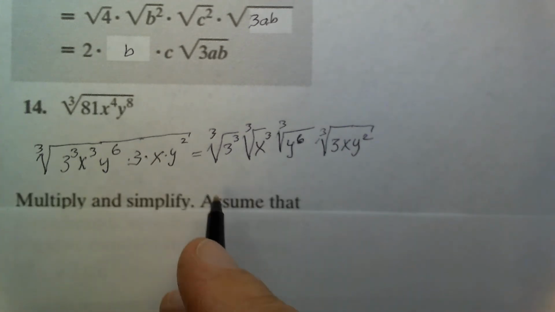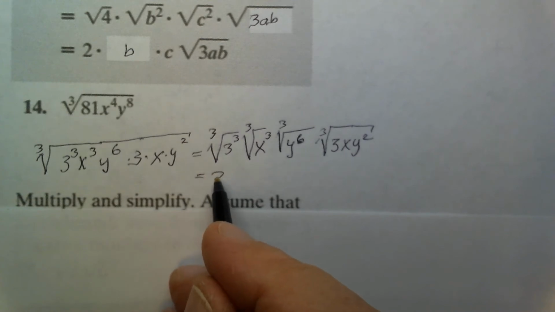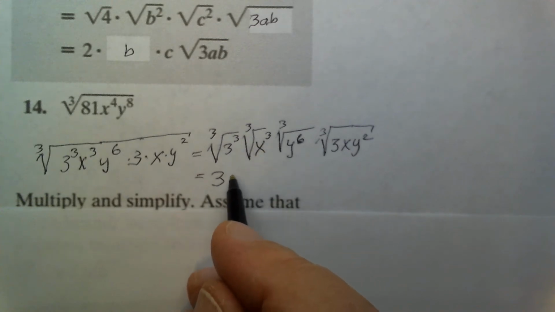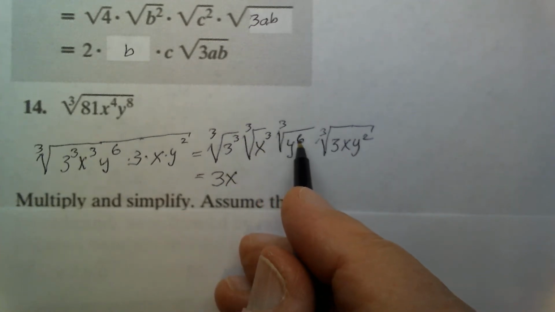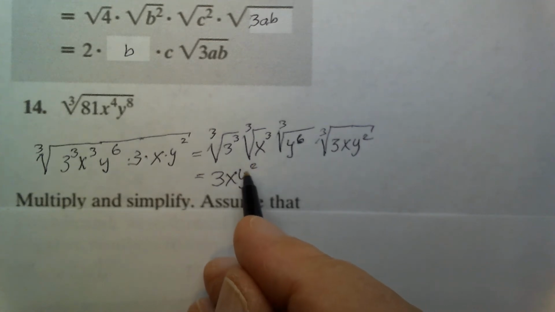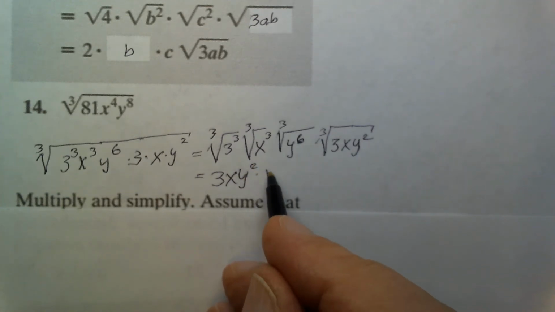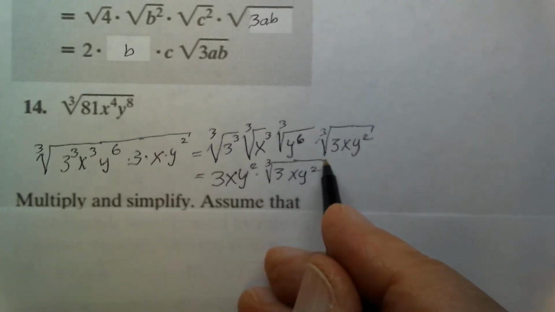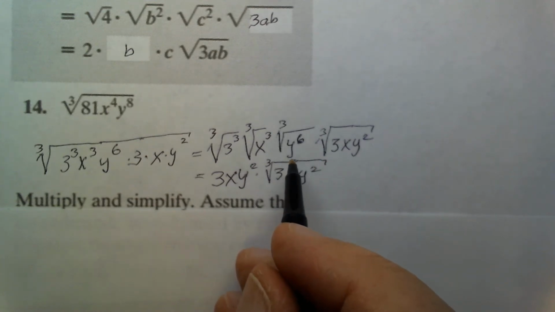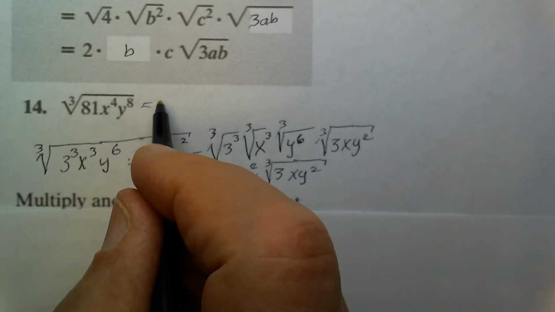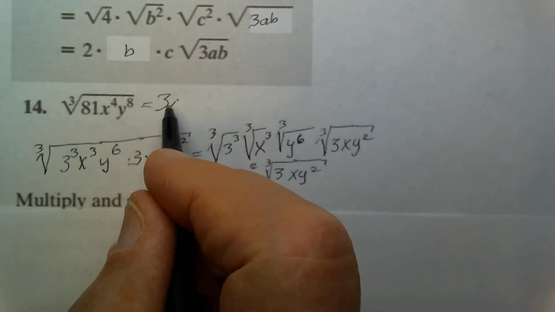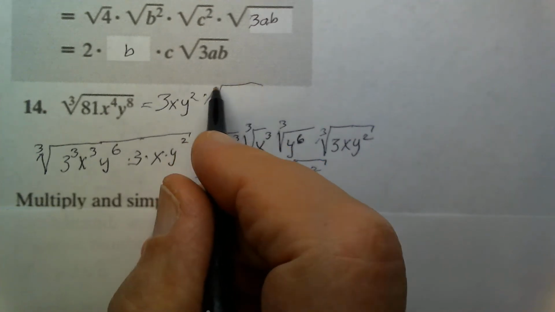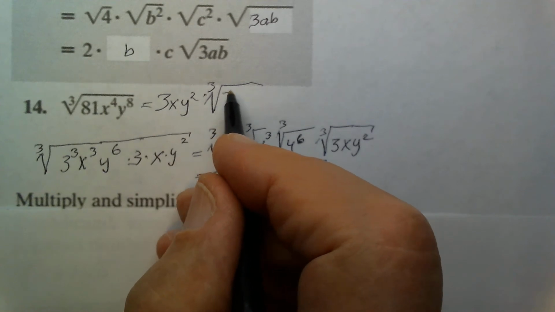Now we know that the third root of 3 to the third is 3, and the third root of x to the third is x, and the third root of y to the sixth is y squared. So then it's times the third root of 3xy squared. So that's the answer to this one. 3xy squared times the third root of 3xy squared.